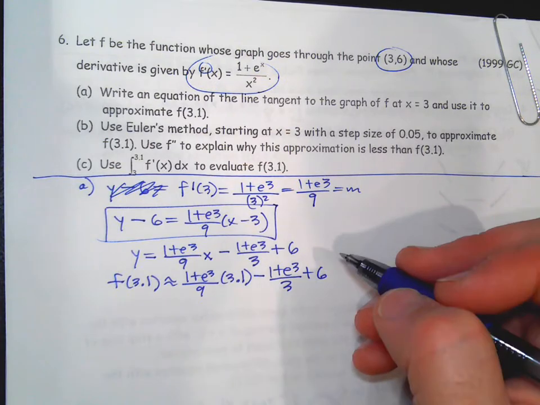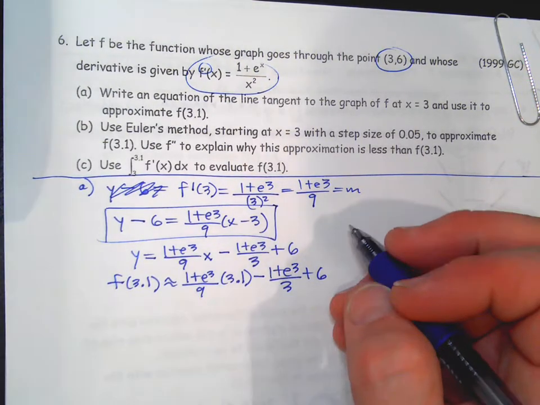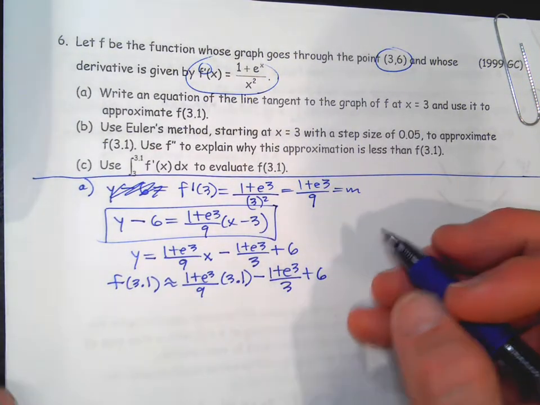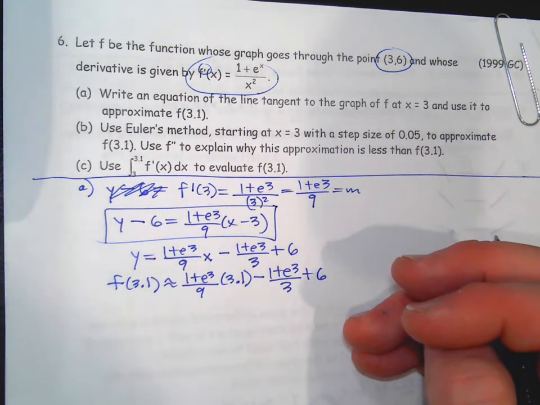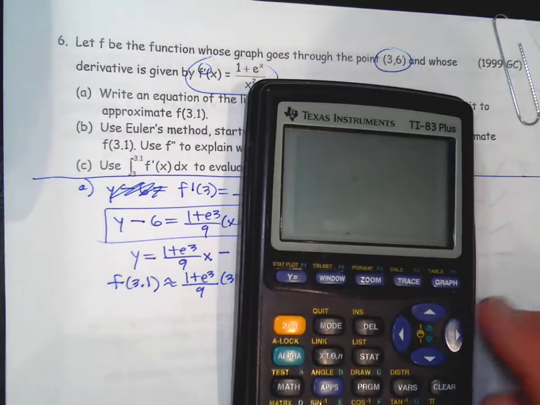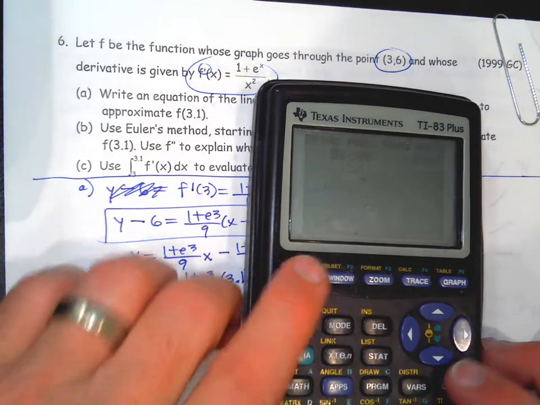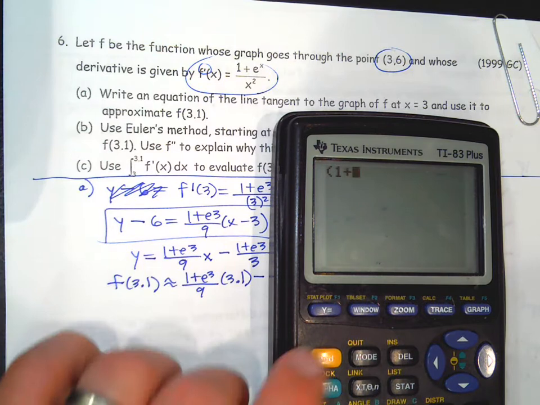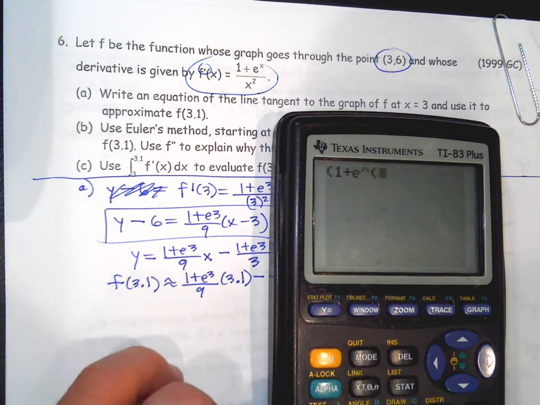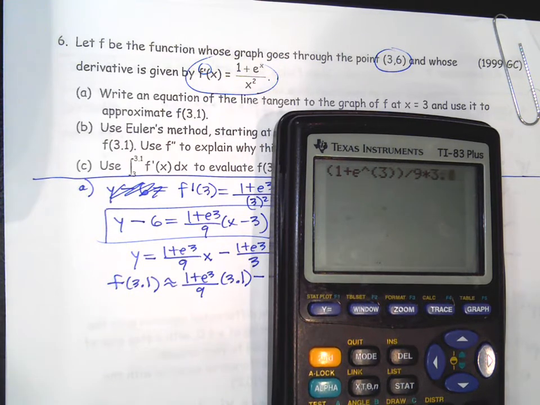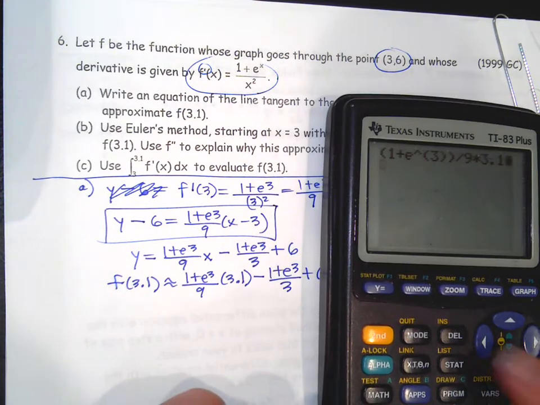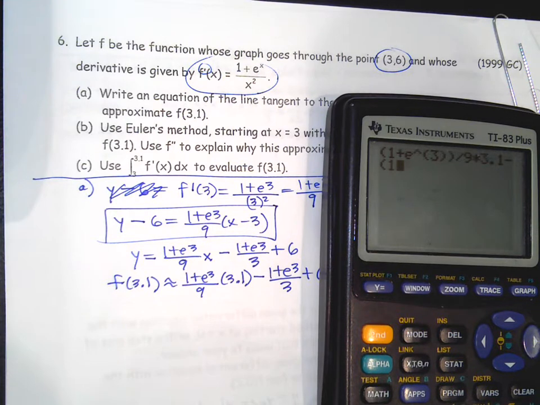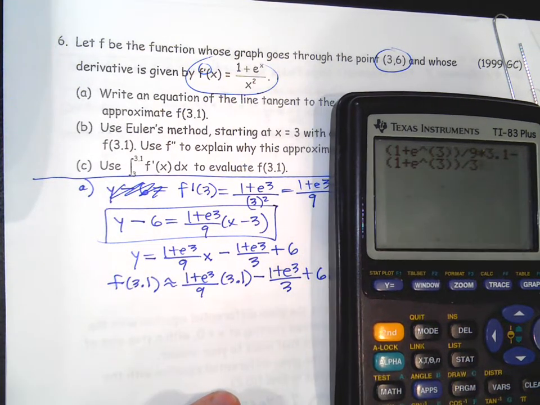So, either way. On a calculator, let's see what it gives us, just to make sure. So it's going to be parentheses 1 plus e to the third, close, divided by 9 times 3.1 minus parentheses 1 plus e to the third, close, divided by 3 plus 6.